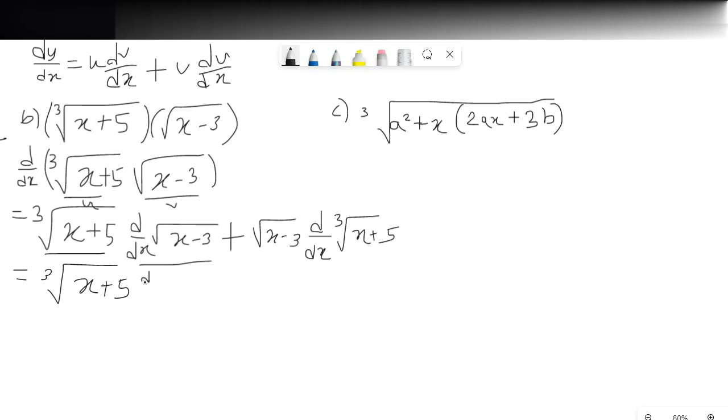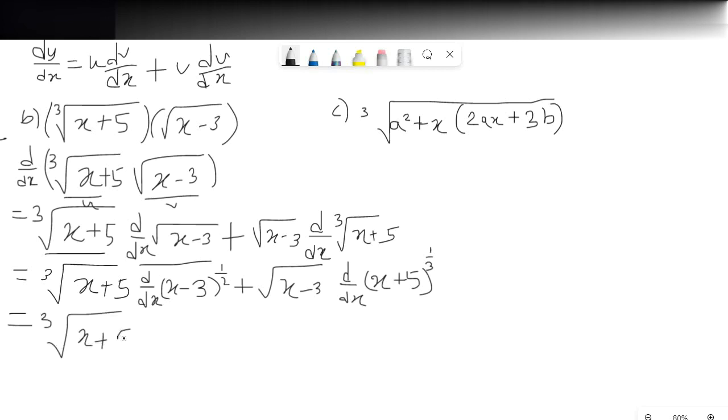So rewriting that as x minus 3 whole to the power half, as according to indices rules, a square root is basically a half, plus root over x minus 3 multiplied with the derivative of cubic root of x plus 5, and we do the same for this one as well, writing the power as 1/3 according to indices rules.